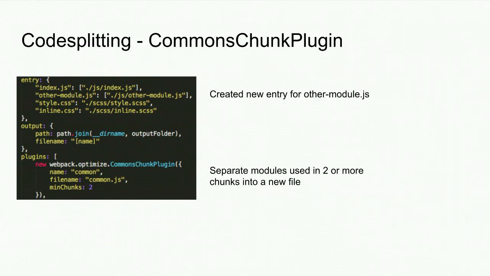And finally, in the plugin section, we're also using the CommonsChunkPlugin. What we're saying is that if there is a JavaScript module which is being used in 2 or more entries, so in 2 or more files, then place it inside common.js so that it does not have to be downloaded or included inside each module.